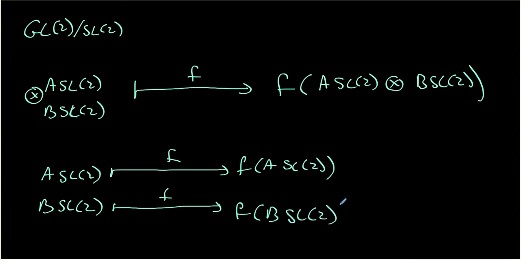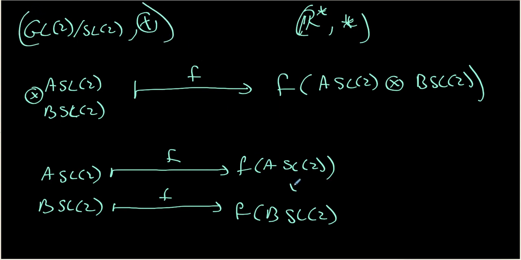And this side is in the non-zero reals under multiplication. This is under O-times. And then we can multiply these two things together. And this answer, when we multiply them together, is going to be the same as that answer.